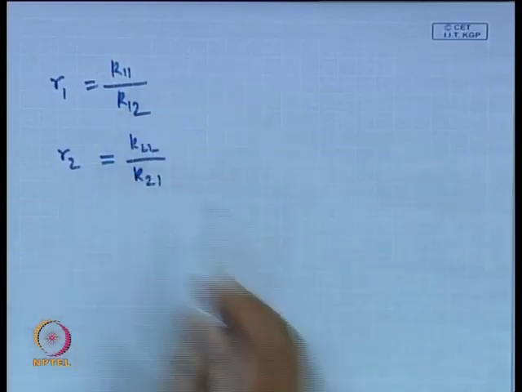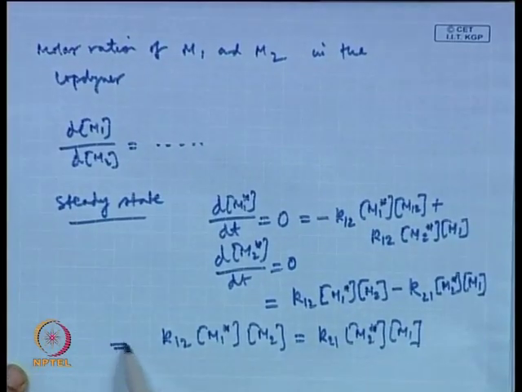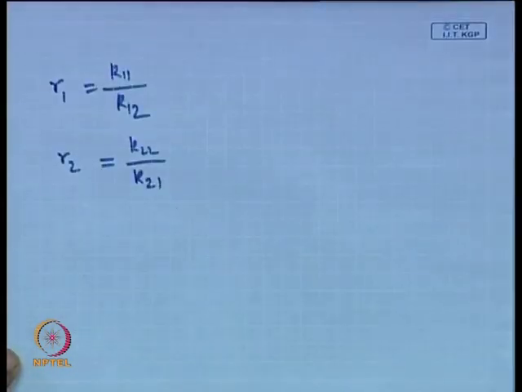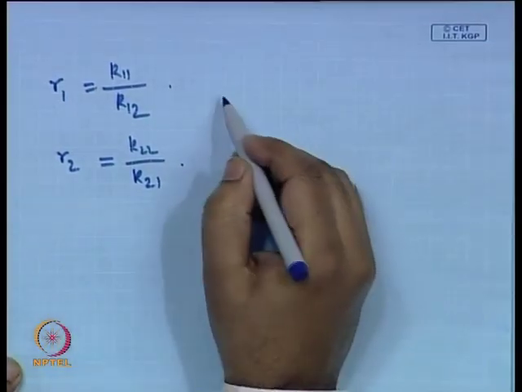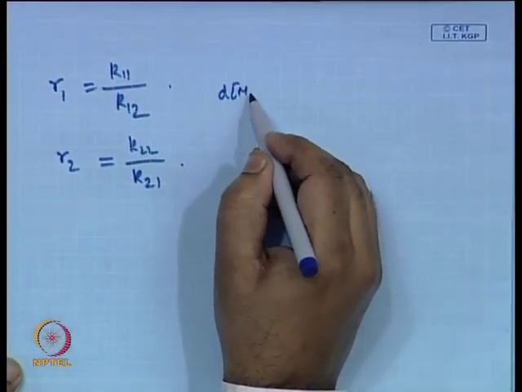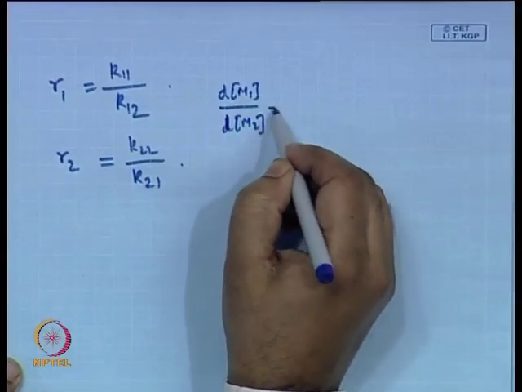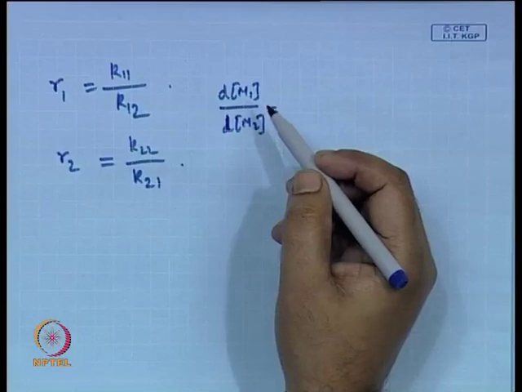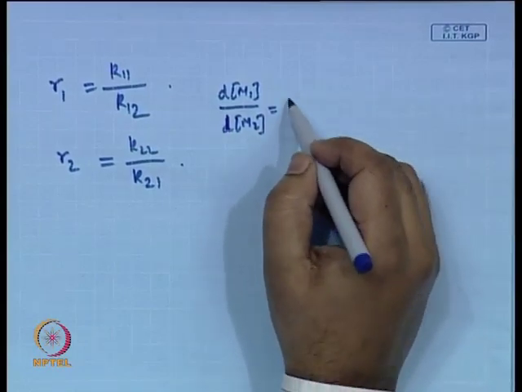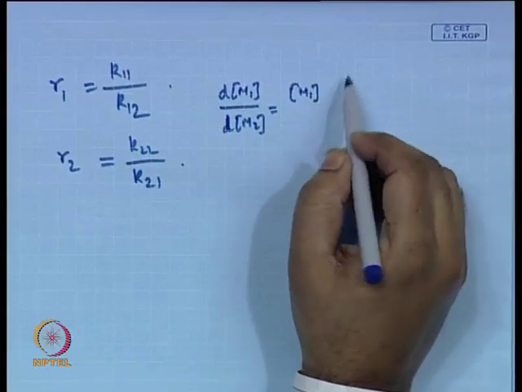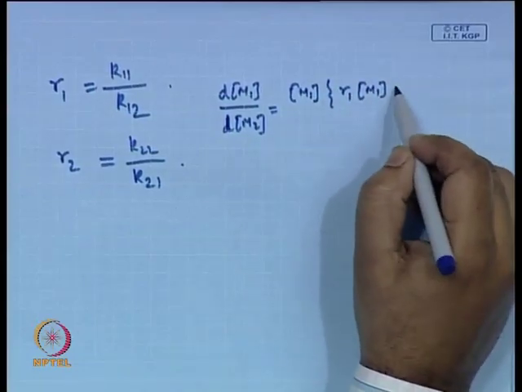If we apply this steady state condition and use these two expressions, then we can write the composition of the two monomers in the copolymer as this.